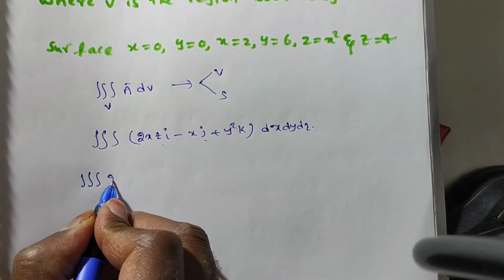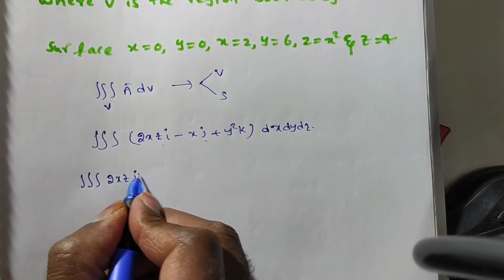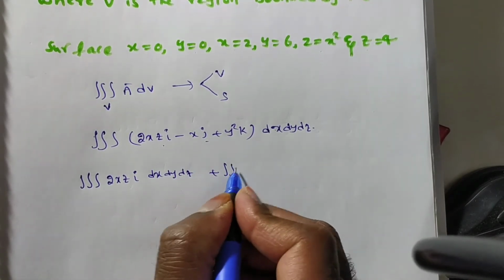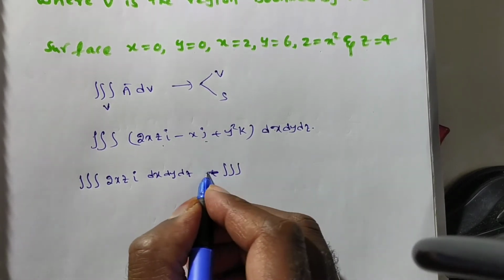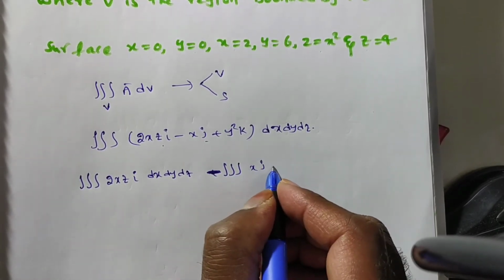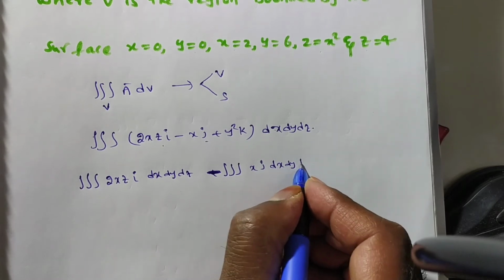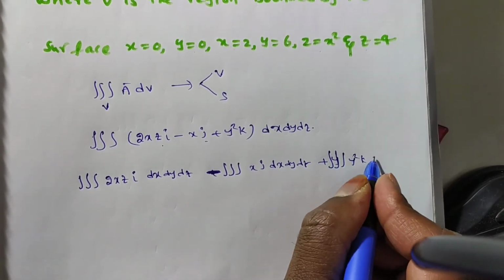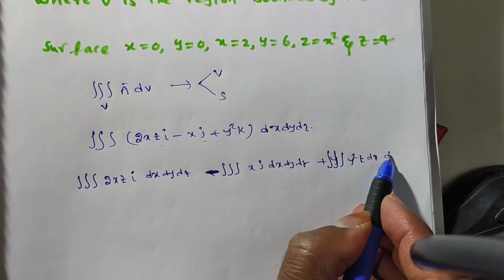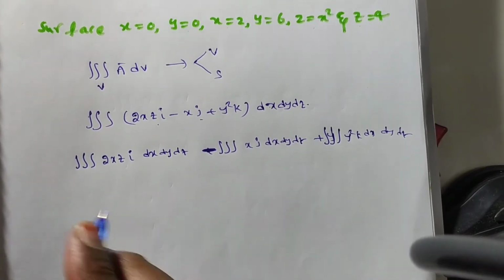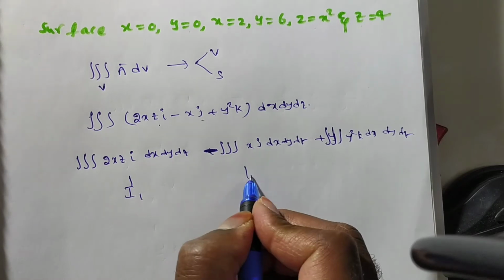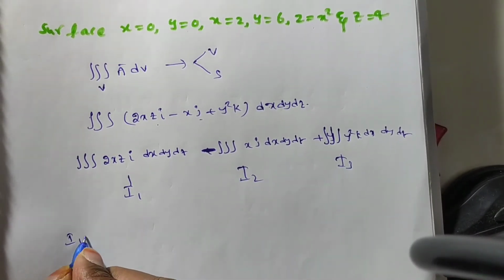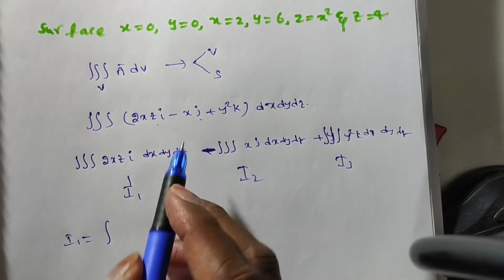I can do integral 1 separately, it is better, into dx dy dz, plus the triple integral over V of minus x j dx dy dz, plus the triple integral of y square k into dx dy dz. Friends, first I am considering this as integral 1, this as integral 2 and this as integral 3. Now integral 1, you see what limits they give you?